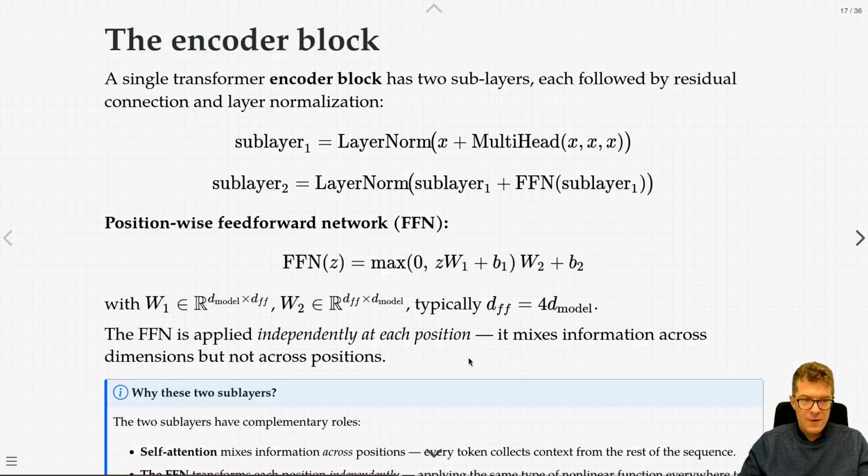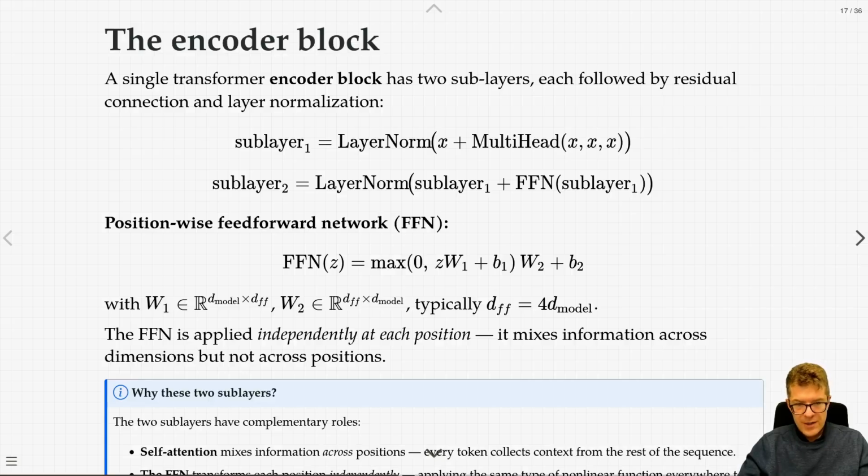So this FFN is going to be applied independently at every position. At every position, sublayer 1 will be passed through an FFN, and then the FFN will learn how to represent the particular token at the particular time, given the multi-head attention from sublayer 1. Having these two sublayers allows you to have two different roles.